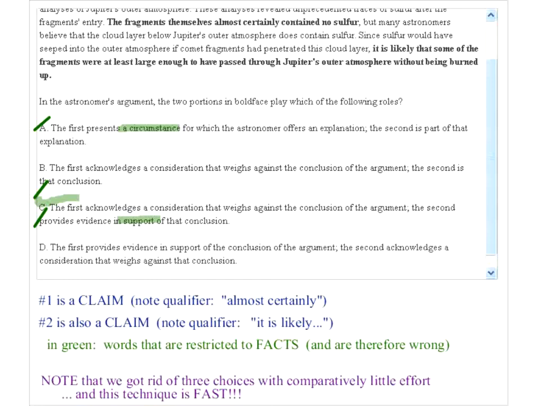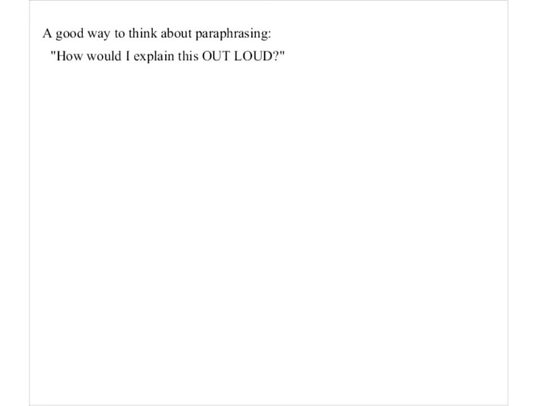But I think a good way to think about paraphrasing is like, how would I explain this out loud, without sounding like you were reading a book?